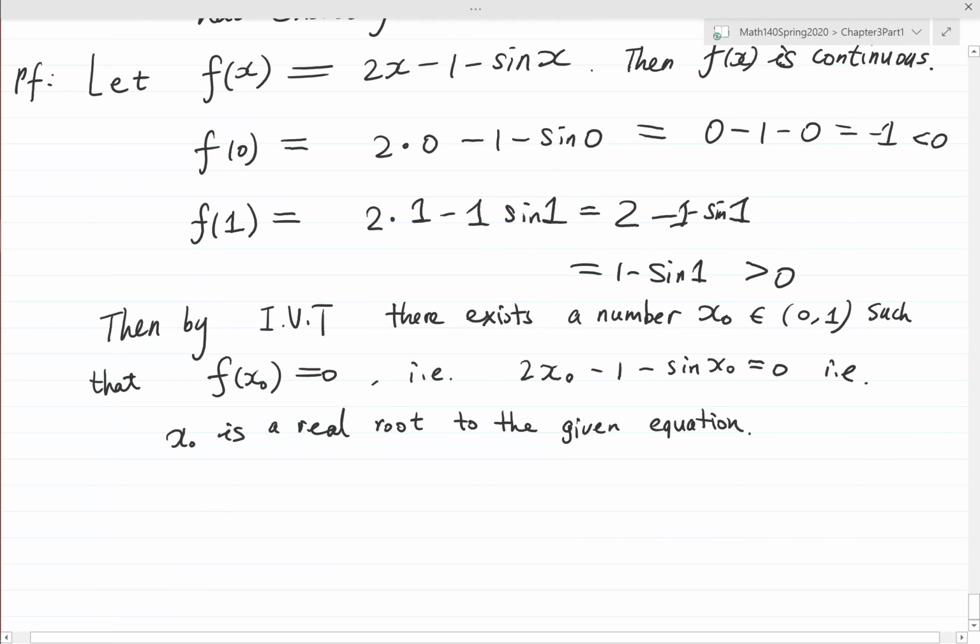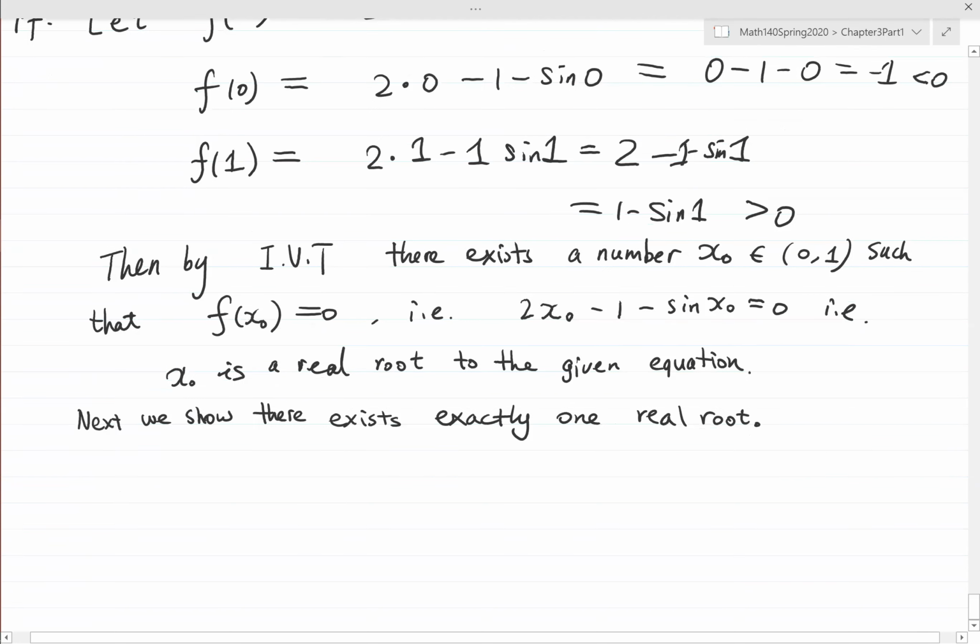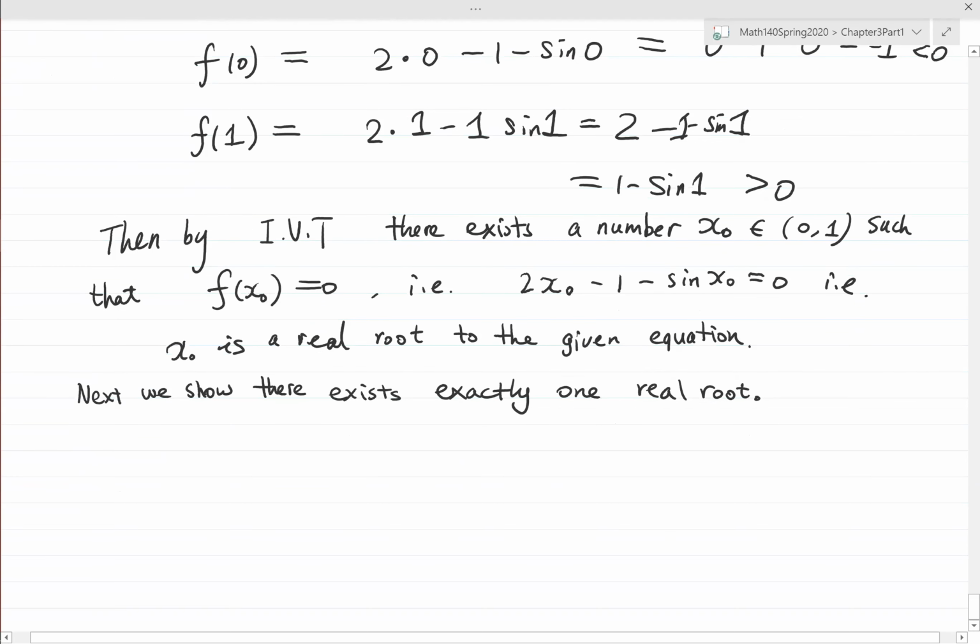Now we show there is exactly one real root. We argue by contradiction.